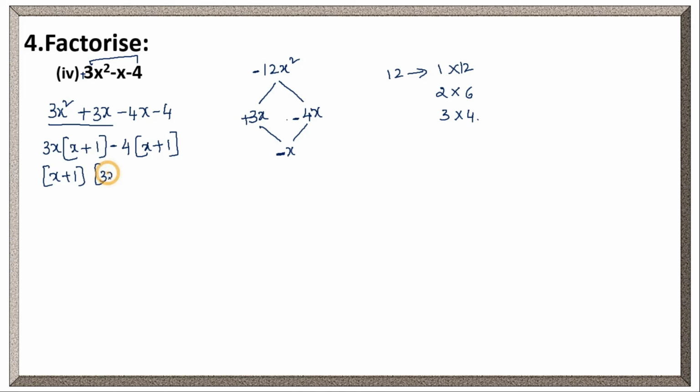What remains? 3x minus 4. Therefore 3x square minus x minus 4 equal to x plus 1 into 3x minus 4. So x plus 1 and 3x minus 4 are the factors of the given quadratic polynomial.